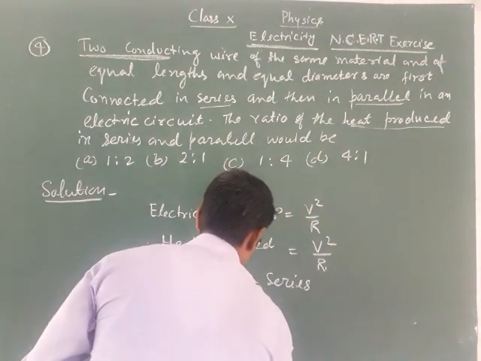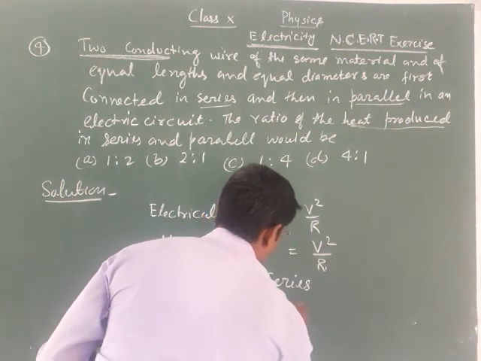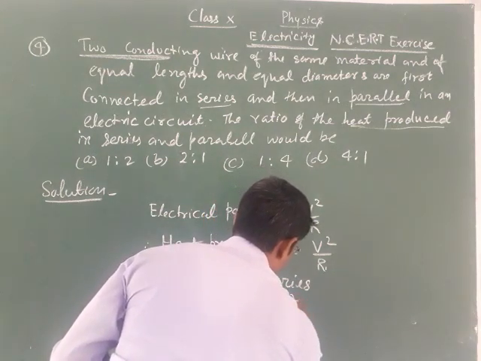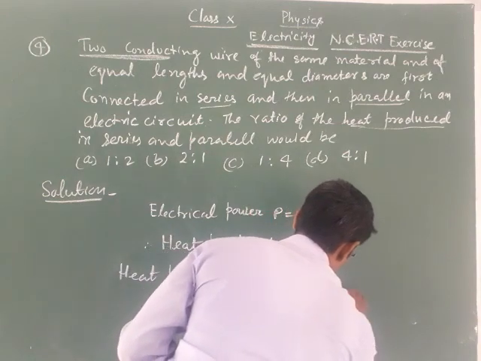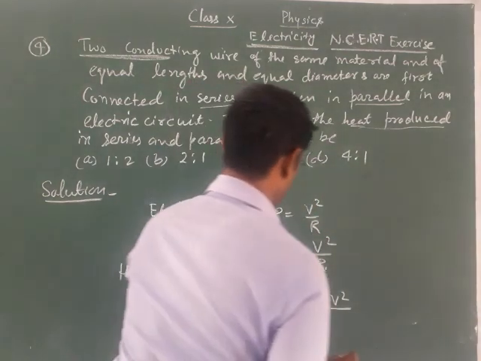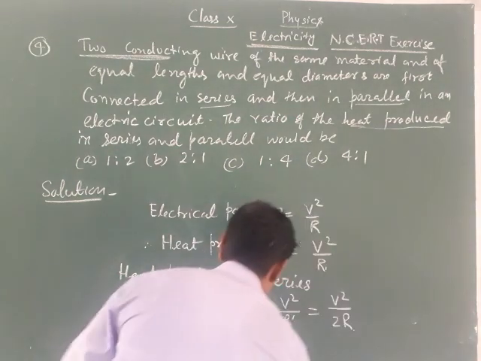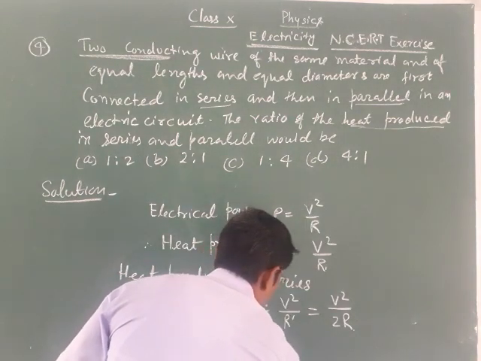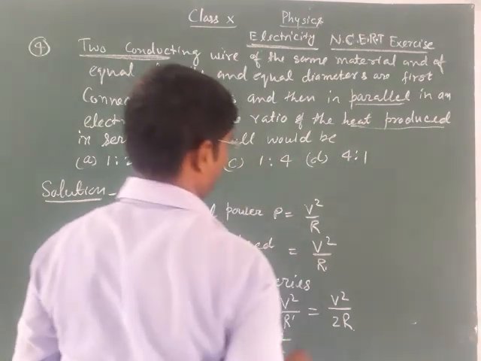So Ps is equal to V square by R dash, and R dash is 2R, so Ps is equal to V square by 2R.